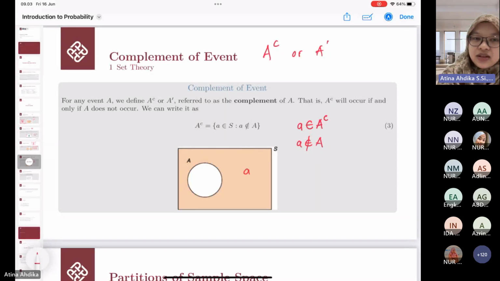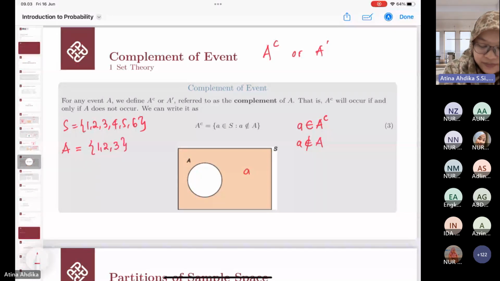For example, still with tossing a die, we have the sample space of 1, 2, 3, 4, 5, and 6. Suppose that I define an event A, which is the numbers less than 4, then we have 1, 2, and 3 here.